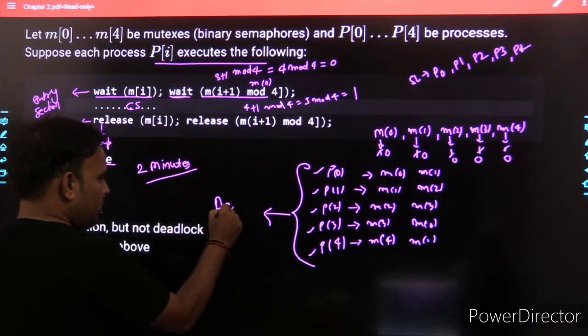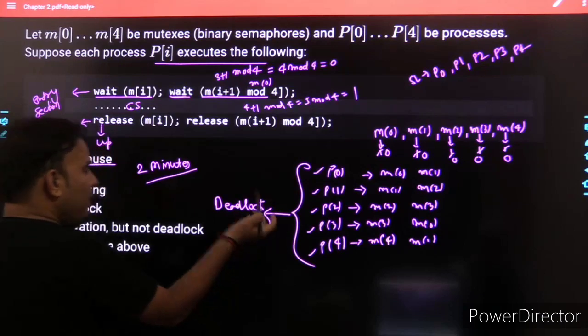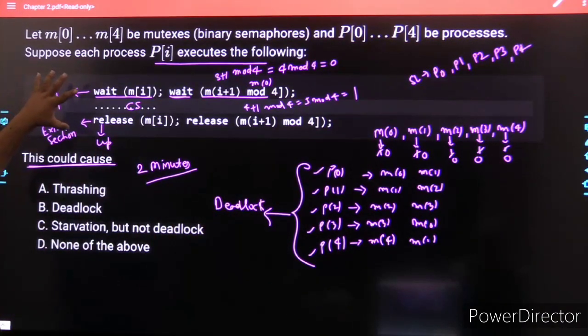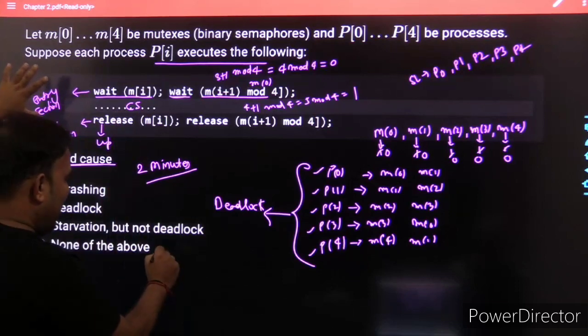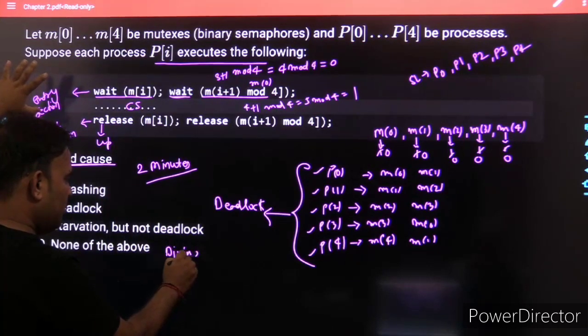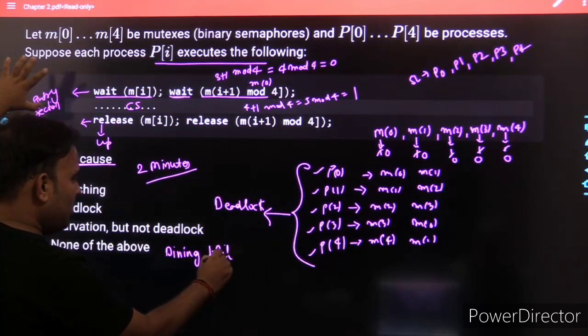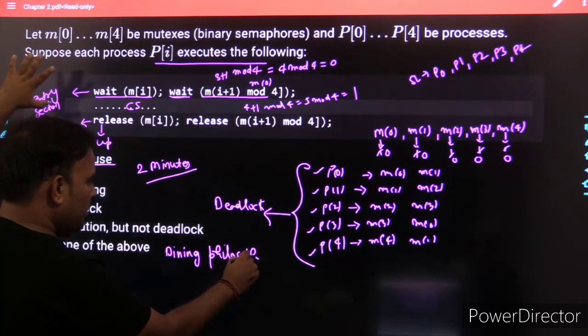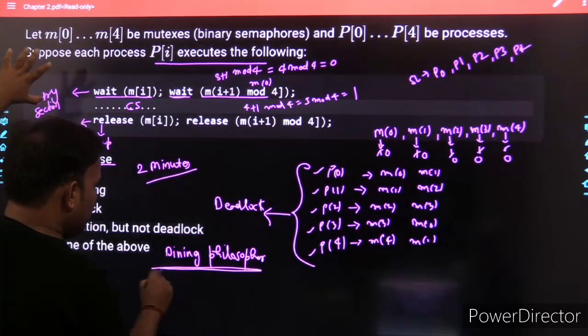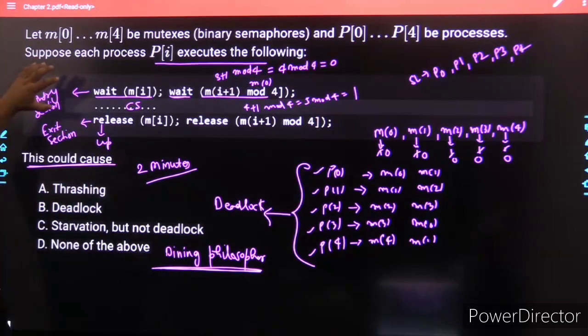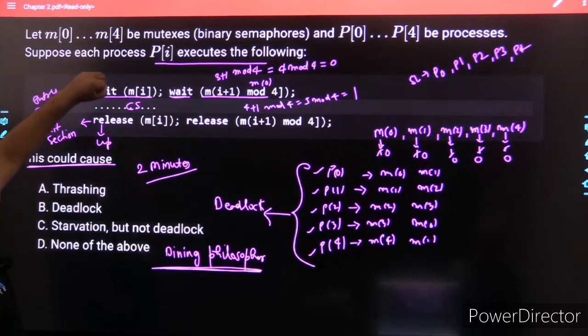Okay. Deadlock situation. And if you want to relate this code to any other classical problem, then this is, my dear friends, the Dining Philosopher problem. This code is similar to the Dining Philosopher problem. If you remember the Dining Philosopher code, in the entry section code any philosopher needs to perform two wait operations, two down operations.